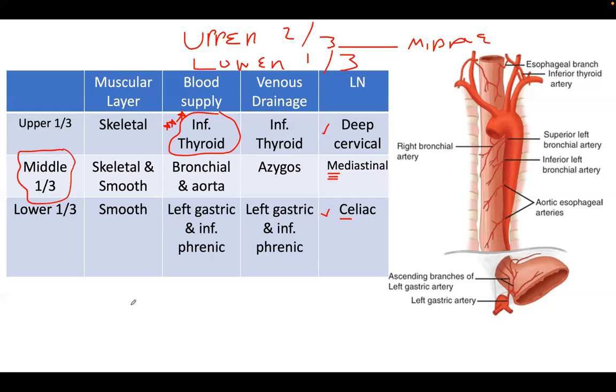The middle third is the most common location of esophageal cancer. The lymphatics is very important, especially for cancers and infections, because the esophagus does not have a tunica adventitia, does not have an adventitious layer.